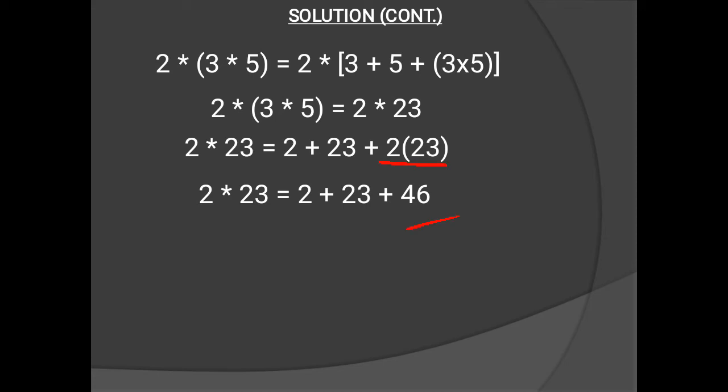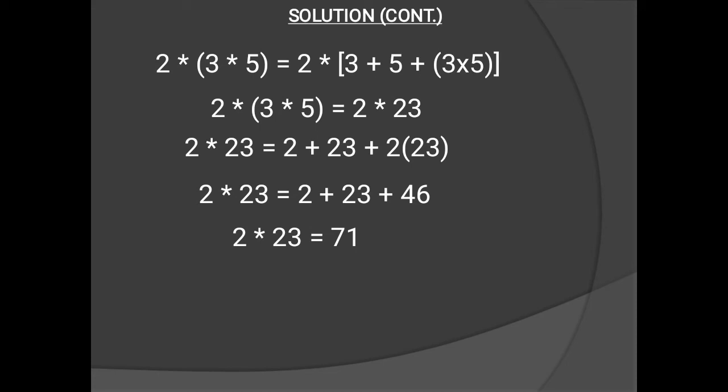So 2 plus 23 plus 46. Take your time and add them. 2 plus 23 is 25. 25 plus 46 is 71, because 20 plus 40 is 60, and 6 plus 5 is 11. So we are going to get 71.